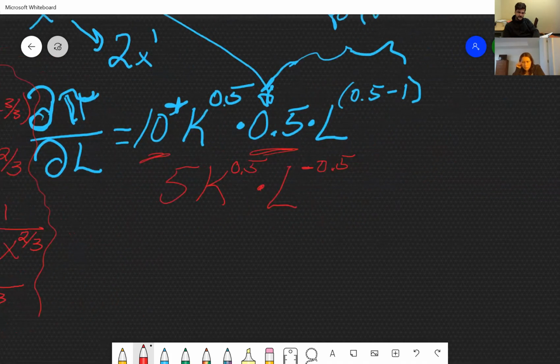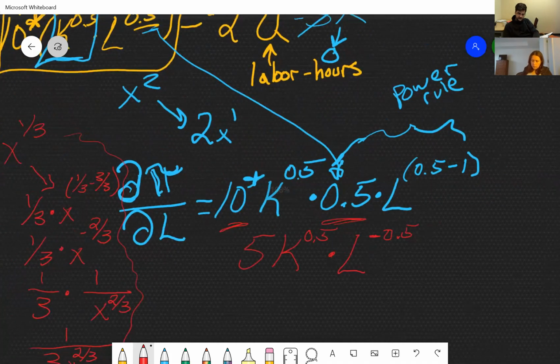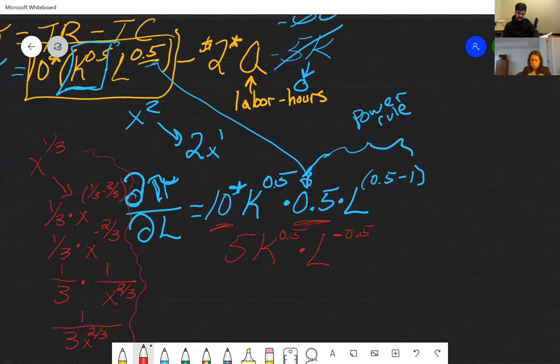Okay, so we end up getting 5 times K to the 0.5 times L to the negative 0.5, and we just saw what we can do with that. We can simplify it and have it be 5 times K to the 0.5 over L to the 0.5.